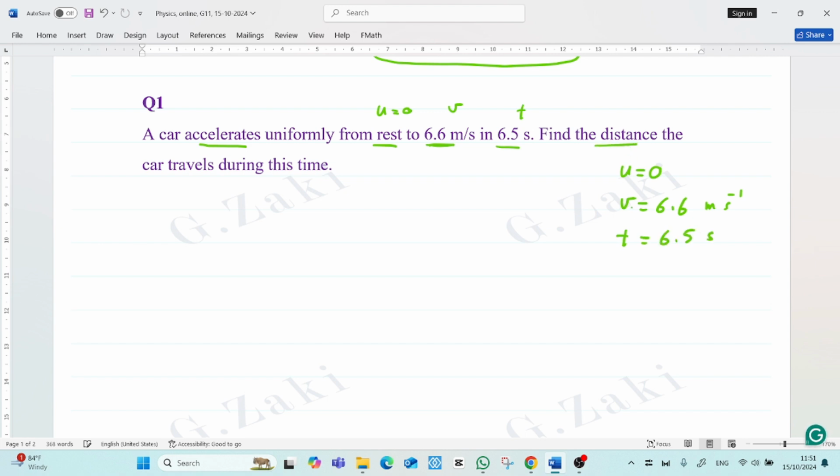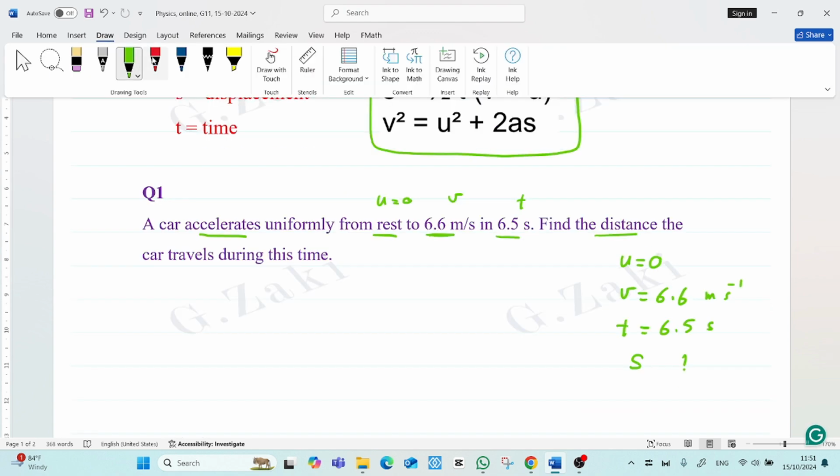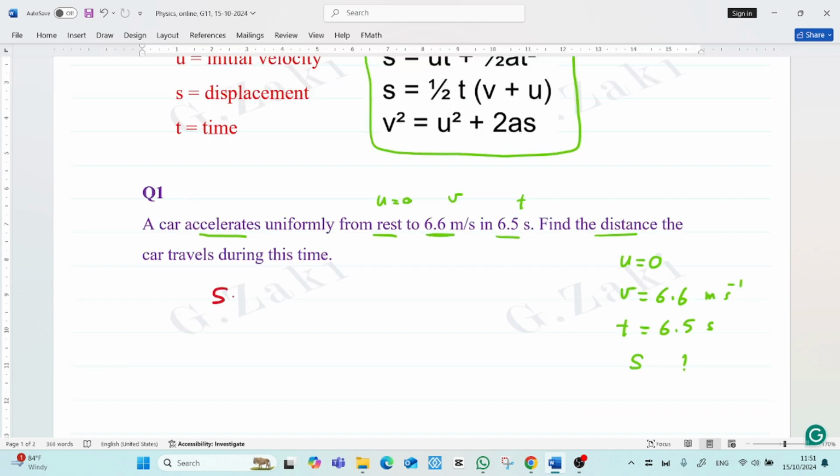Find the distance. Here the distance or displacement are the same because we talk about one direction. Then we need S. Now we think of the formula that contains V, U, T, and S. The equation that we can use is S equals half T multiply V plus U, or we can rewrite it as U plus V over 2 multiplied by T. The same.